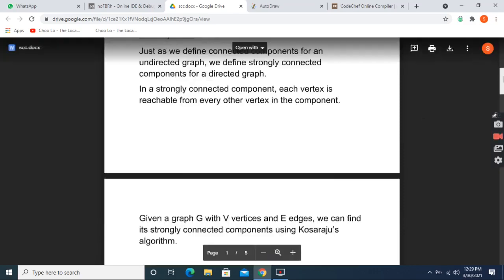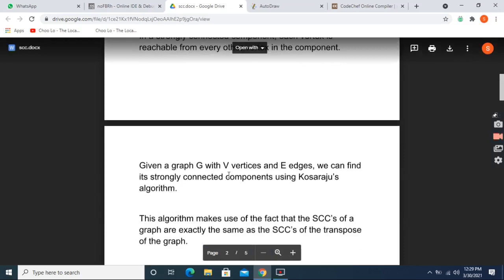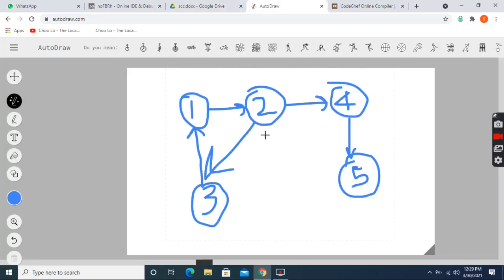Now, given a graph G with V vertices and E edges, we can find its strongly connected components using Kosaraju's algorithm. So for example, let us take a look at this graph here. It has 5 vertices, and let us consider these 3 vertices first.